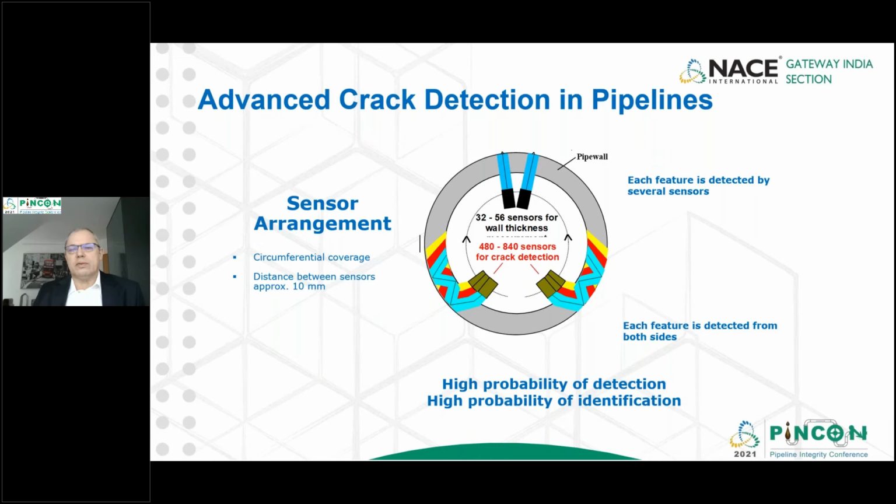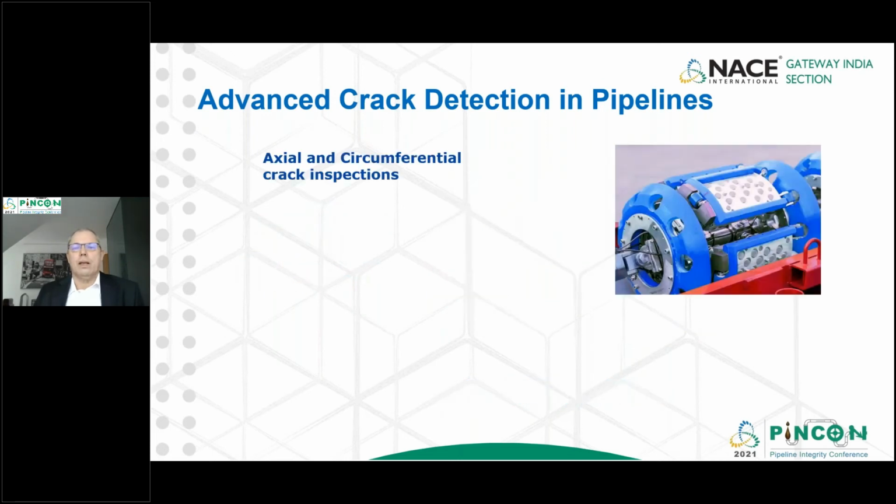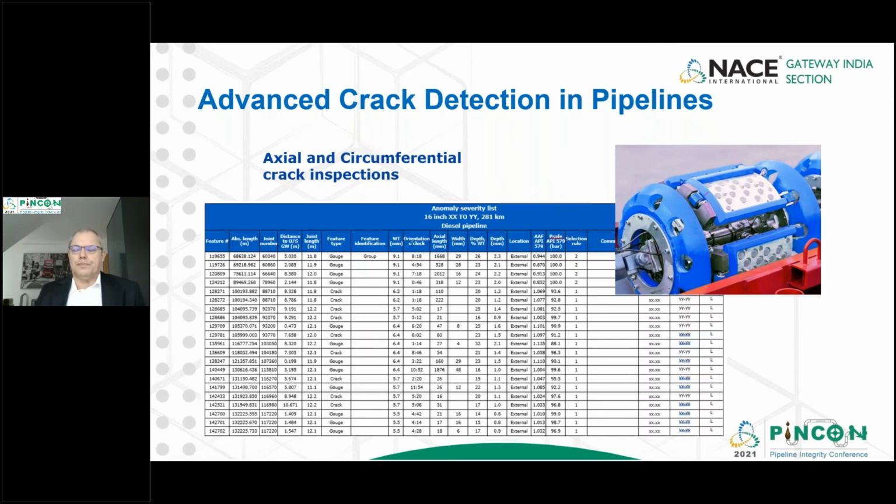And by this arrangement of sensors around the circumference, we achieve a high probability of detection and a high probability of identification and sizing of crack features. The tools which exist on the market generally can all see longitudinal cracks. There are certain companies who also offer the detection and identification of circumferential cracks.